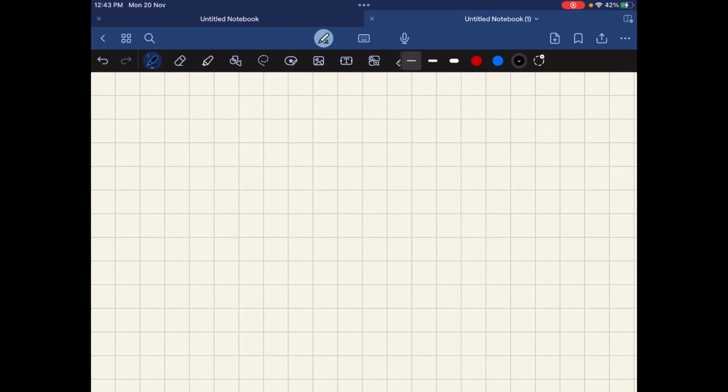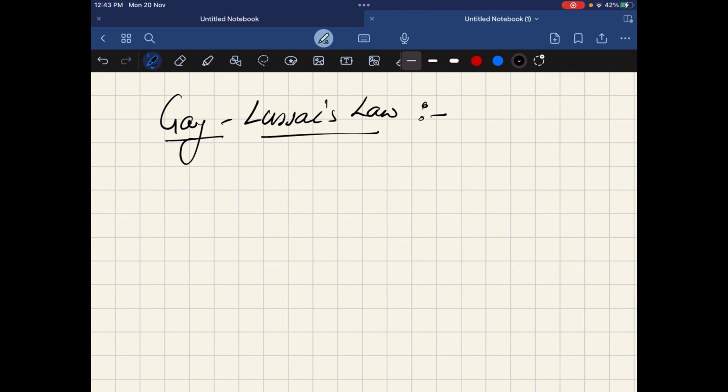So the third law here is Gay-Lussac's law, and it relates the remaining two components, that is pressure and temperature.